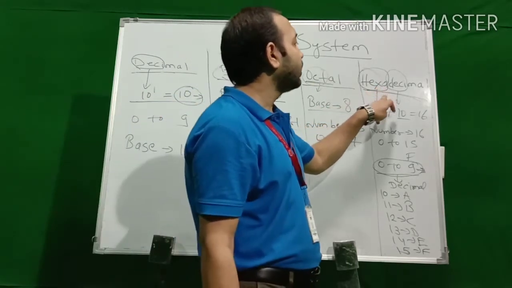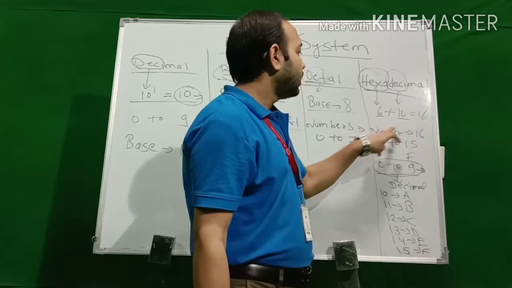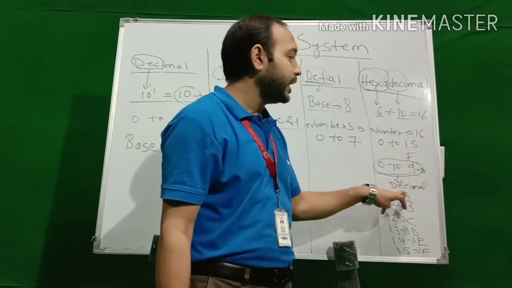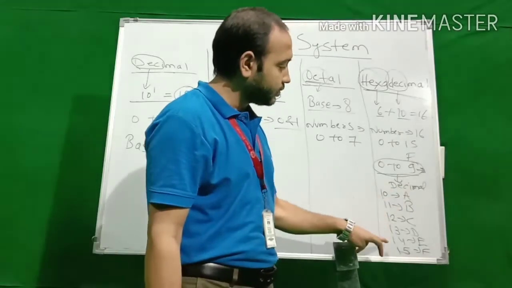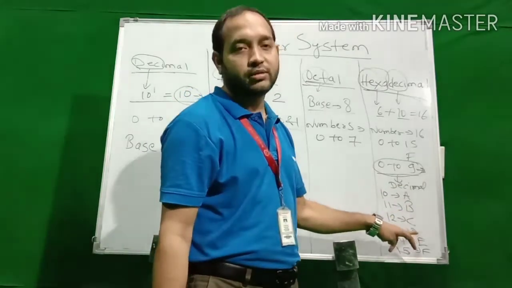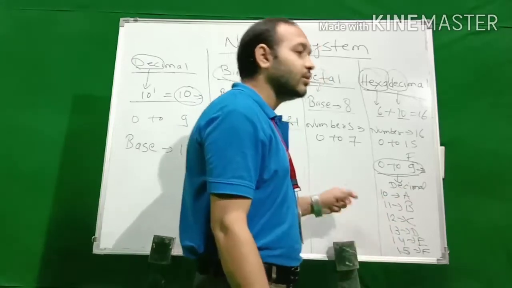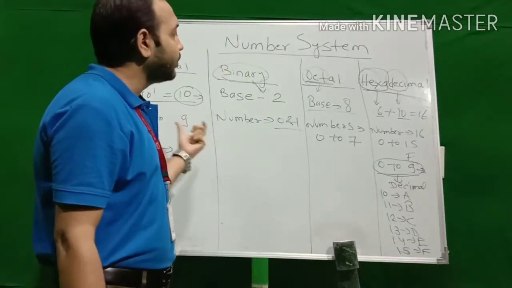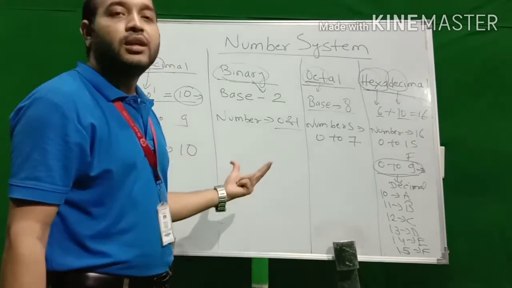In hexadecimal we have base 16 and we have to use 16 numbers: 0 to 9 as in decimal, and for the remaining 6 you have to use the alphabets A, B, C, D, E, F. So this was just the basics, what the bases are and what the numbers are.